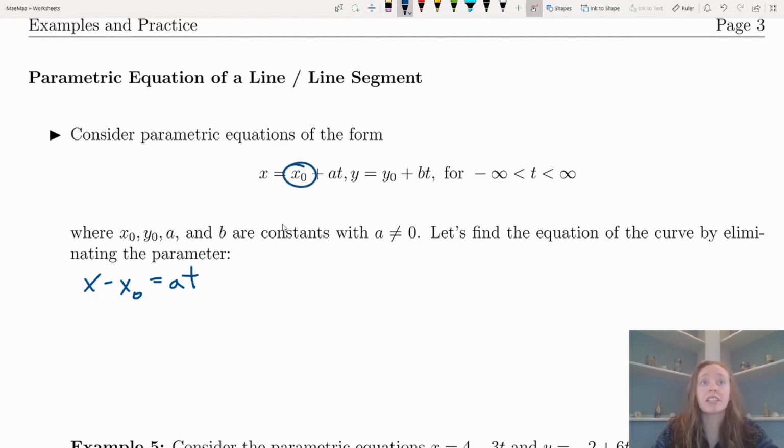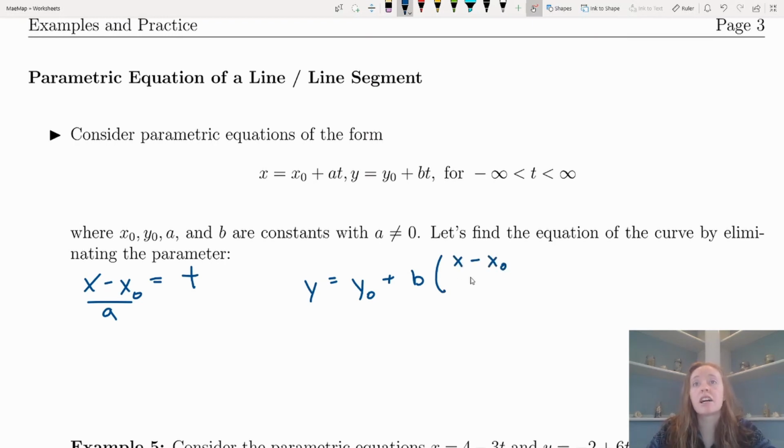All I did was subtract x naught. Now I'm going to divide by a to isolate my t. So I have x minus x naught over a equals t. Now I'm going to plug what t is in for t in my y equation, so I'll get y equals y naught plus b times the quantity x minus x naught all over a.